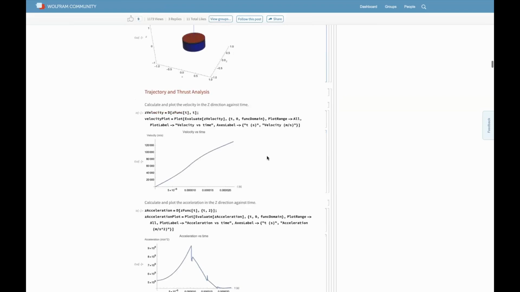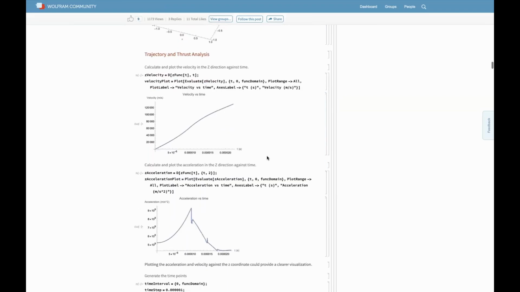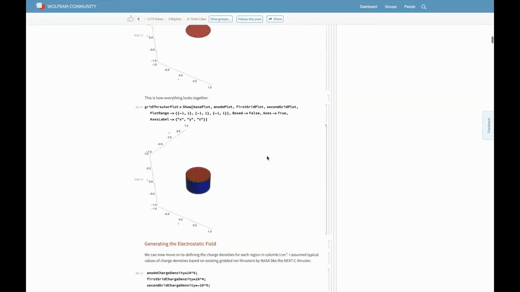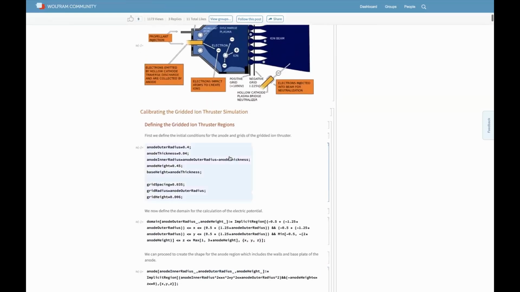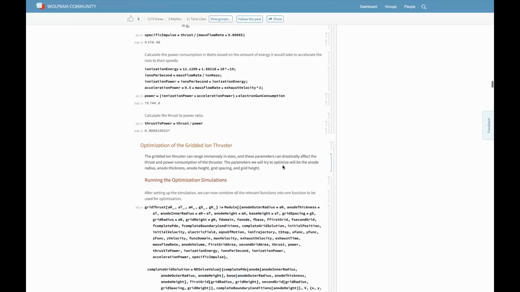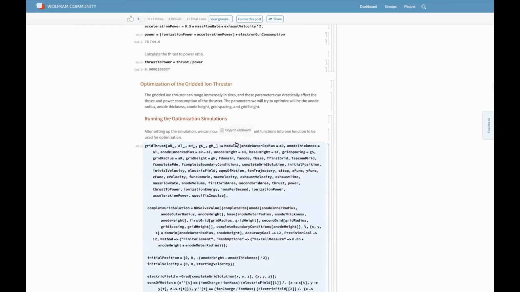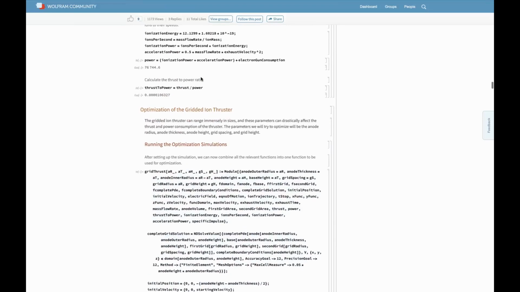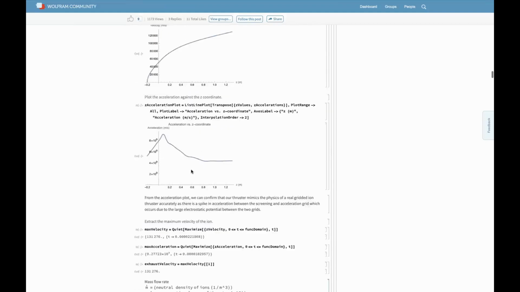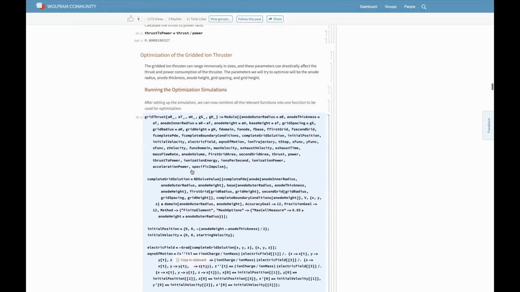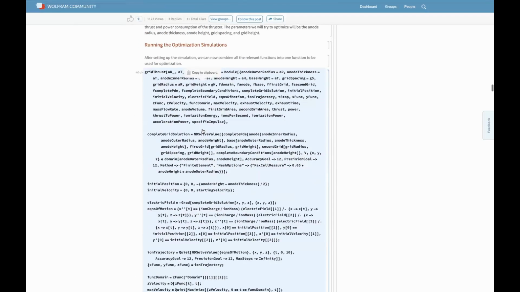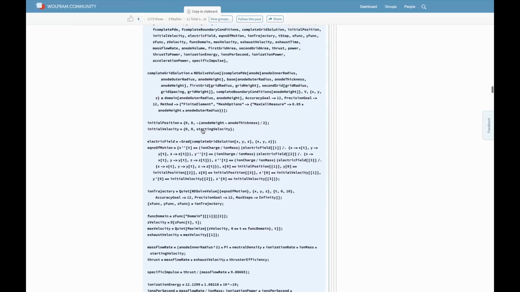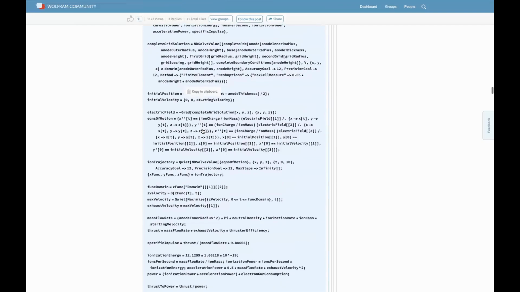The other quick question I had is, when you're setting the parameters, for example the thickness as 0.04, how are you getting these things? Oh, radiuses actually, and I'll go through this later. So what I did is, from all my functions above, I put them all into one singular function that's able to calculate the thrust to power consumption ratio, and I'm discarding all the plots because we don't need that.